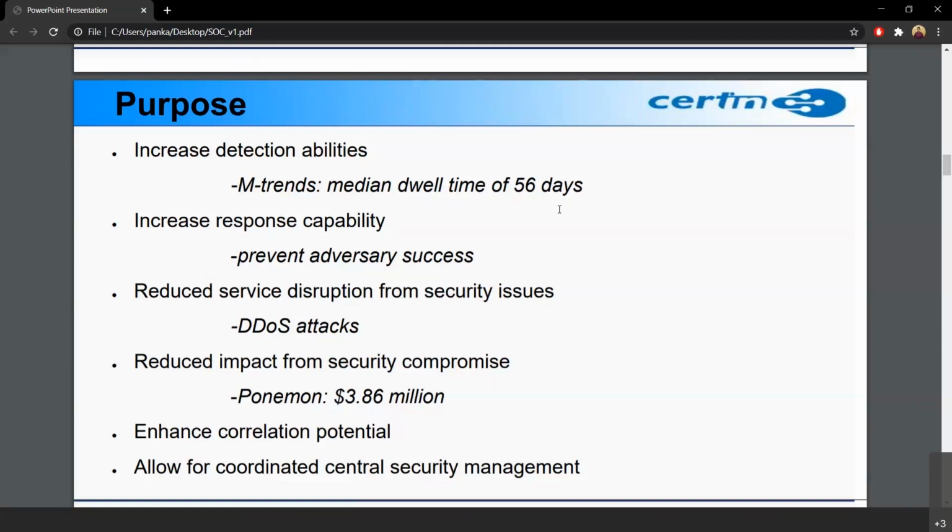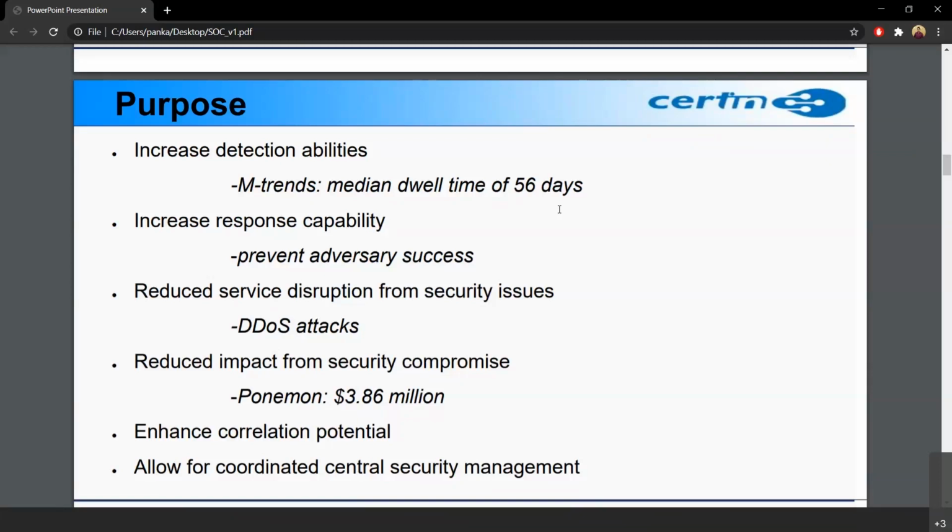Now, if we identify that this IP which has been scanning us is also detected at some other device, this correlation needs to be done by the SOC. Basically, correlating information from all the security devices to generate actionable output so that the organization can be saved from a security attack.